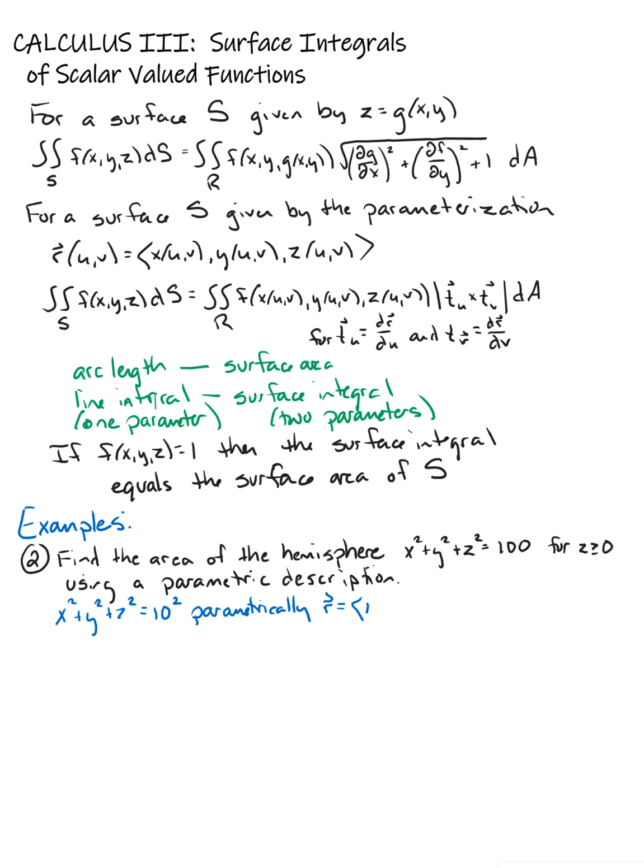So this would be what? 10. This is a hemisphere. So a sphere, remember, is 10 sine u cosine v, 10 sine u sine v, and the last one is just 10 cosine u.